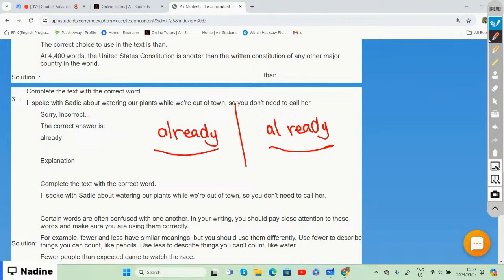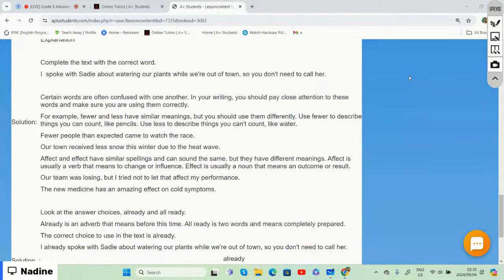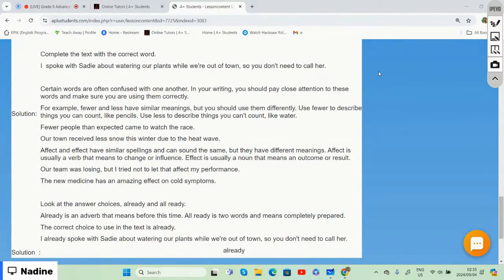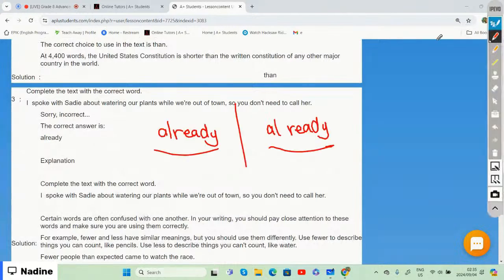We need to choose the correct one. I already or I all ready spoke with Sadie about watering our plants while we are out of town, so you don't need to call her.